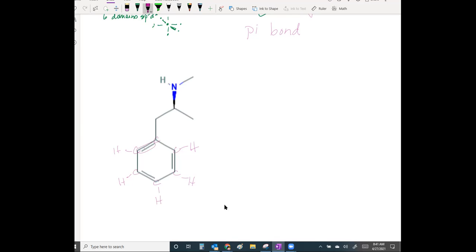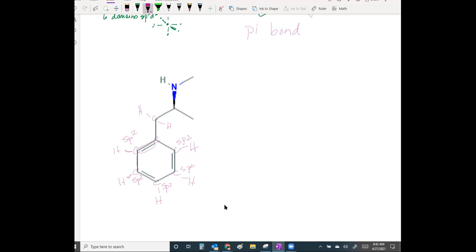So this geometry, we've got 1, 2, 3 areas. So this is sp2. This carbon, we have 1, 2, 3 areas. This is sp2. sp2, sp2, sp2. This carbon has 2 bonds, which means it's going to be bonded to 2 hydrogens because it has to have 4. This is a shorthand way of writing it.